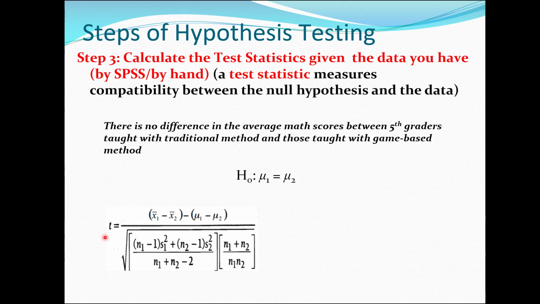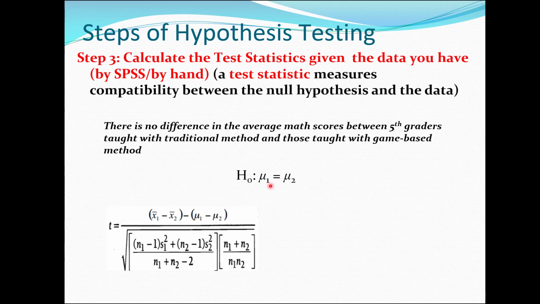How? Here is how statisticians go about doing this. We can get rid of mu1 minus mu2 by assuming null hypothesis is true. You will ask me, what do you mean? Why do we want to assume null hypothesis is true? Think about this. If you look at this formula here, if we assume null hypothesis is true, it means mu1 equals mu2.